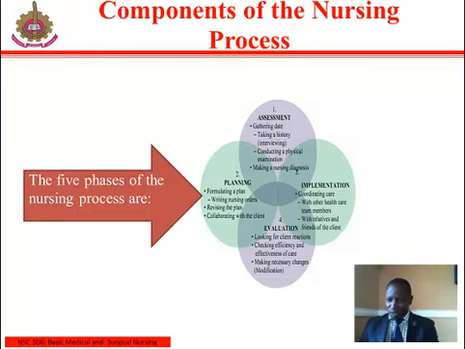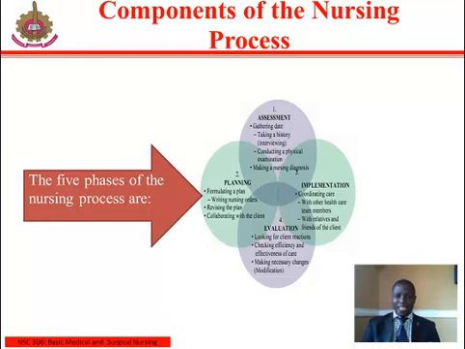Collecting information, that is assessment. 2. Interpreting the information. 3. Clustering the information, and 4. Naming the cluster. Examples of nursing diagnosis are risk for compromised human dignity, risk for complication.